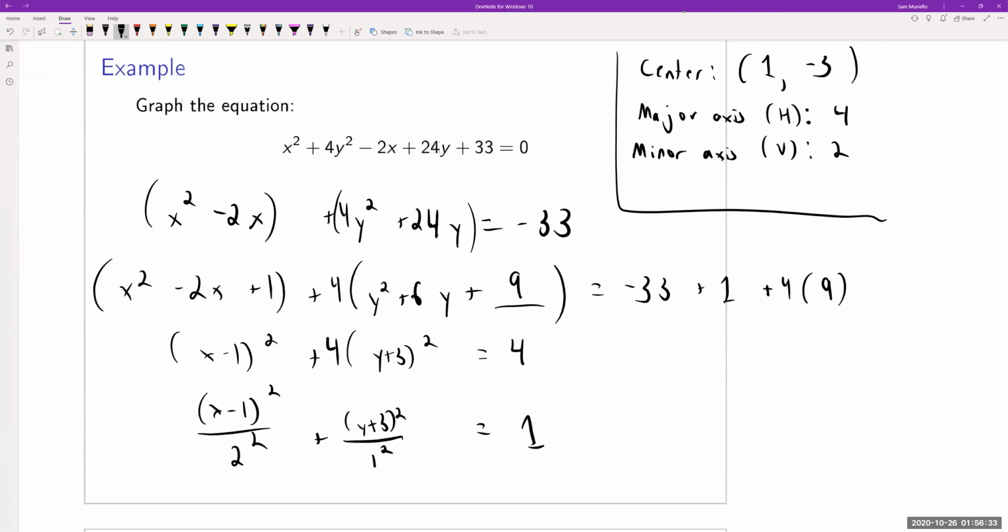We can therefore find the focal length, c, which would be the square root of a squared minus b squared. So this would be 2 squared minus 1 squared, which is the square root of 3, which comes out to be, I think it's around 1.7, but let's double check to be sure. If I take the square root of 3, yes, it's about 1.7.